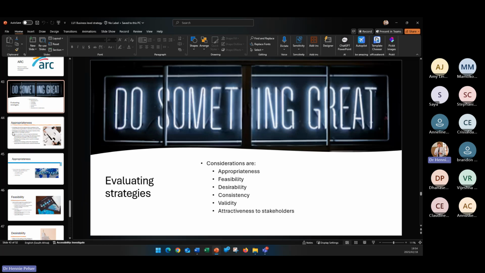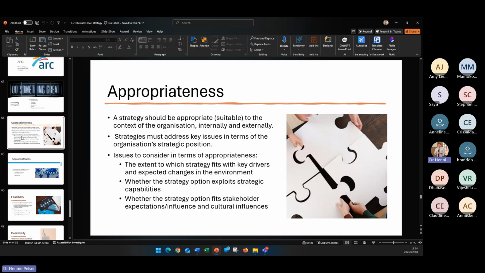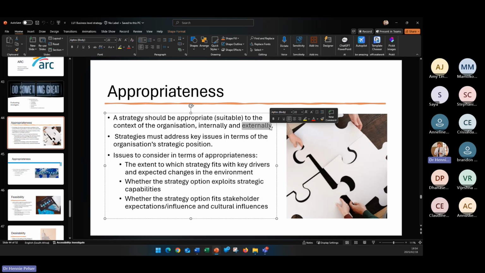So when we look at appropriateness, it is whether the strategy that you're adopting essentially makes sense in terms of your organization, internally from a strengths, weaknesses, capabilities, and obviously resources perspective, but also does it fit the kind of environment where you want to compete?